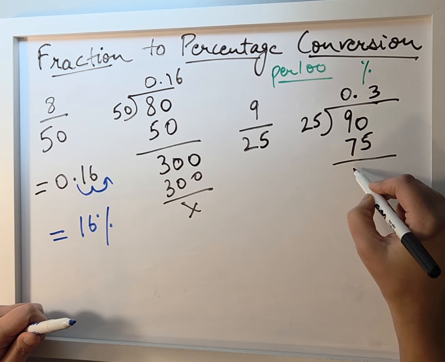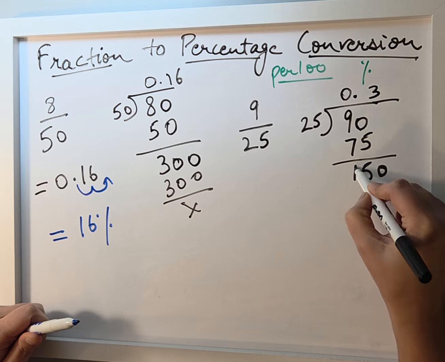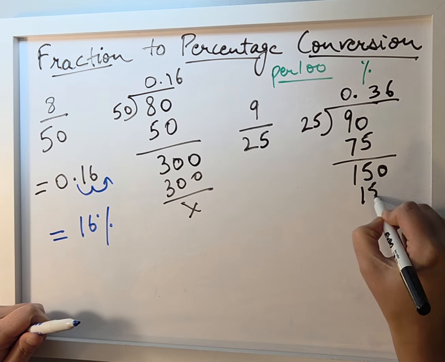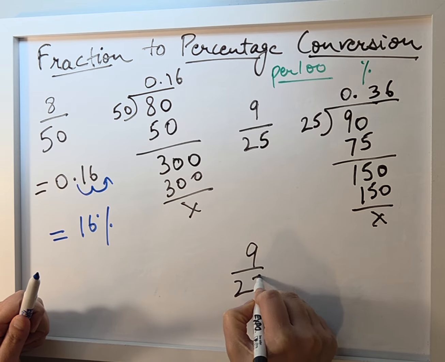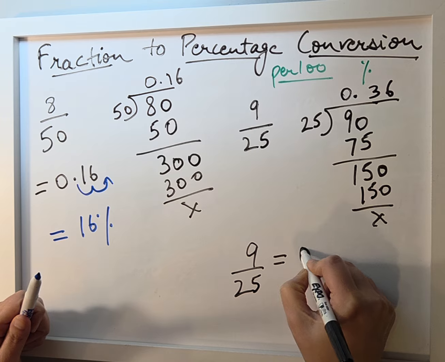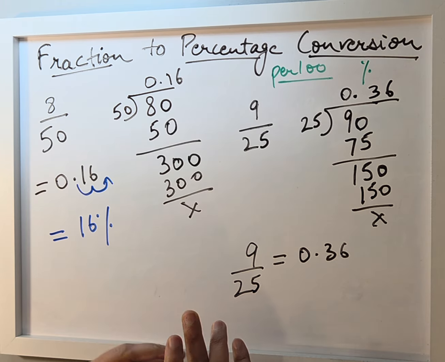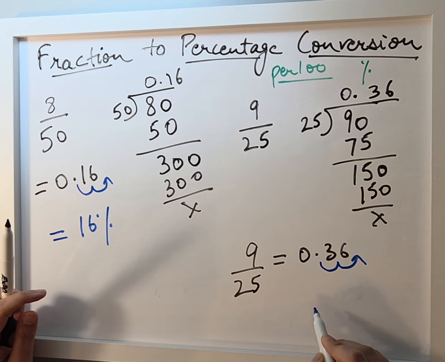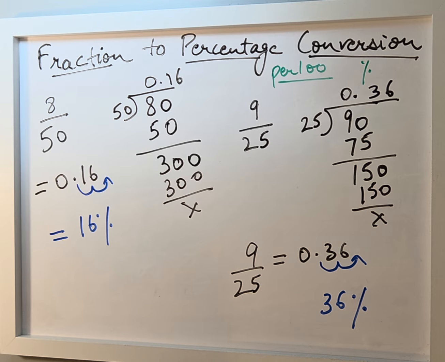What is the remainder? 15. Now this becomes 150. 25 into 6 is 150. So 9 by 25 can be written as 0.36, and when we have to convert this into percentage, we move the decimal 2 times to the right, so this becomes 36%.